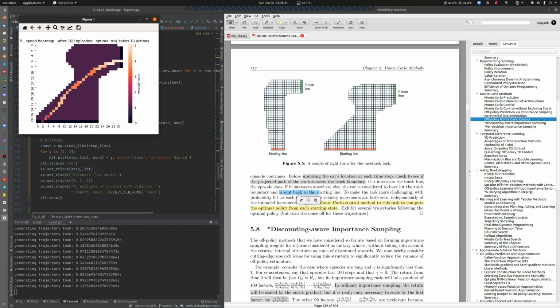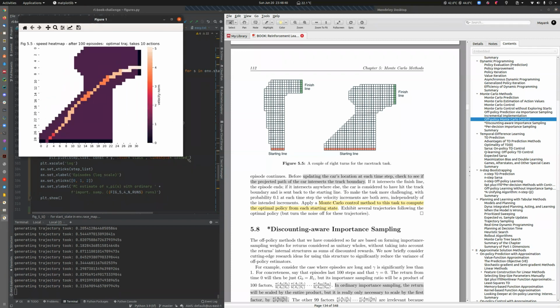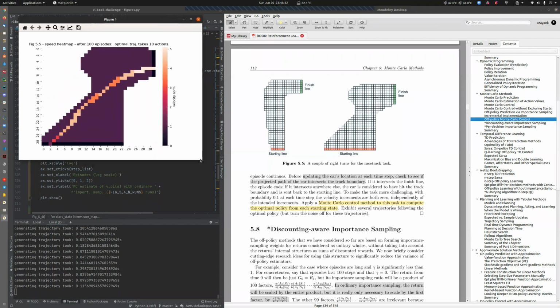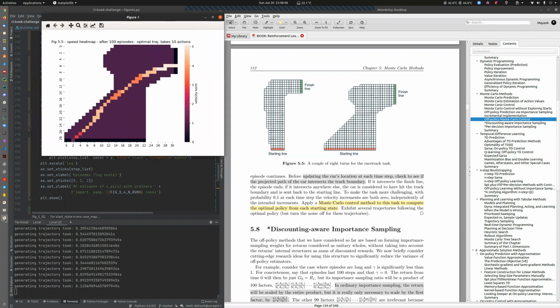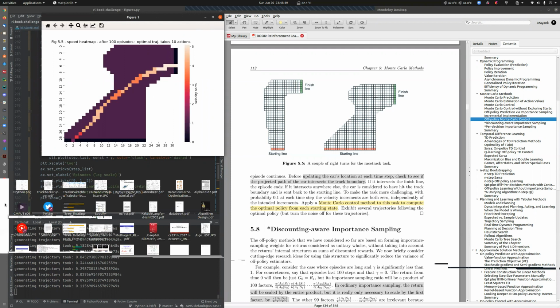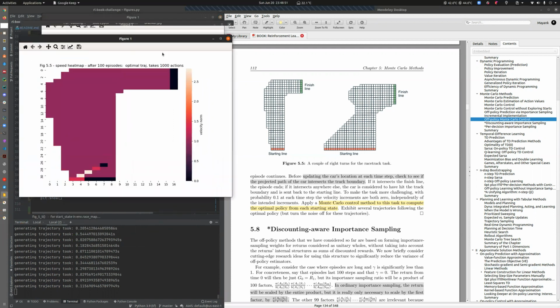So we can experiment with that too. There are multiple environments nowadays which we can use to do that.